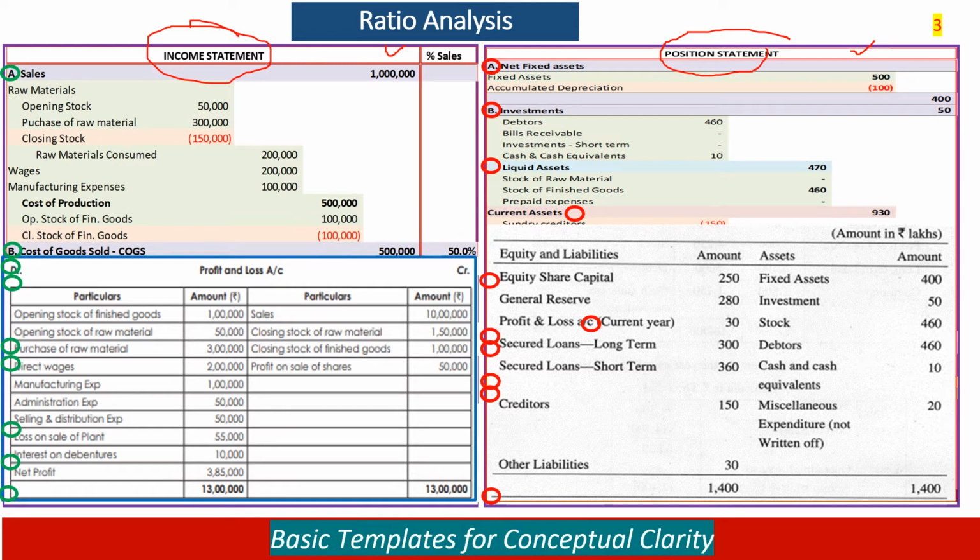They keep this template to put the financial statements of borrowers through this and find out how does it look in terms of ratios, because these two statements help you link ratios directly into the template and understand where does the client stand. Therefore, understanding of the basic templates is required for conceptual clarity.